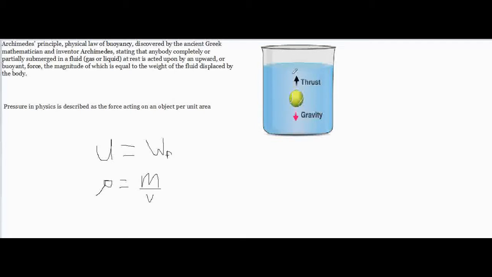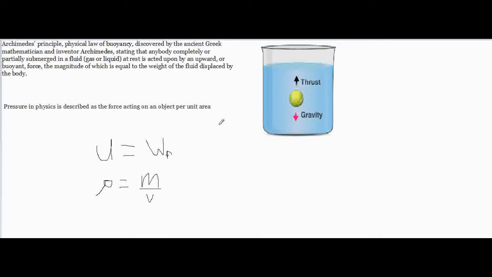When you put the ball in the water, it's going to sink, and the reason for that is because it has more mass per unit volume, so it will be displacing a certain amount of water whose mass cannot match up to that of the ball, and therefore the upthrust acting on the ball will be less than the force of gravity acting downwards, which is why dense objects sink. So whether or not an object sinks or floats is not about how heavy it is, but rather how dense it is.